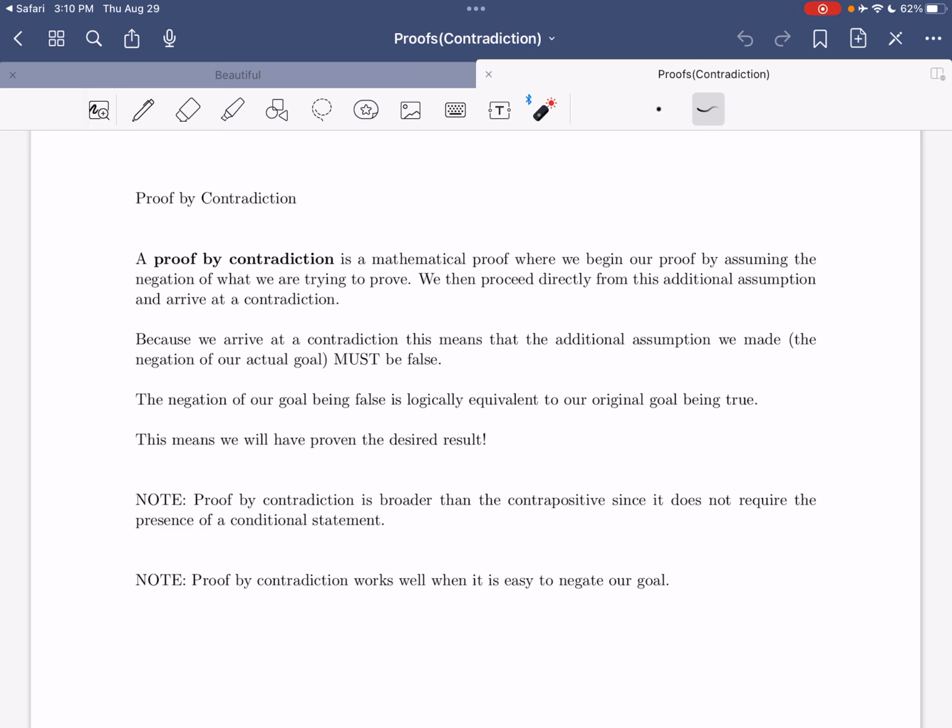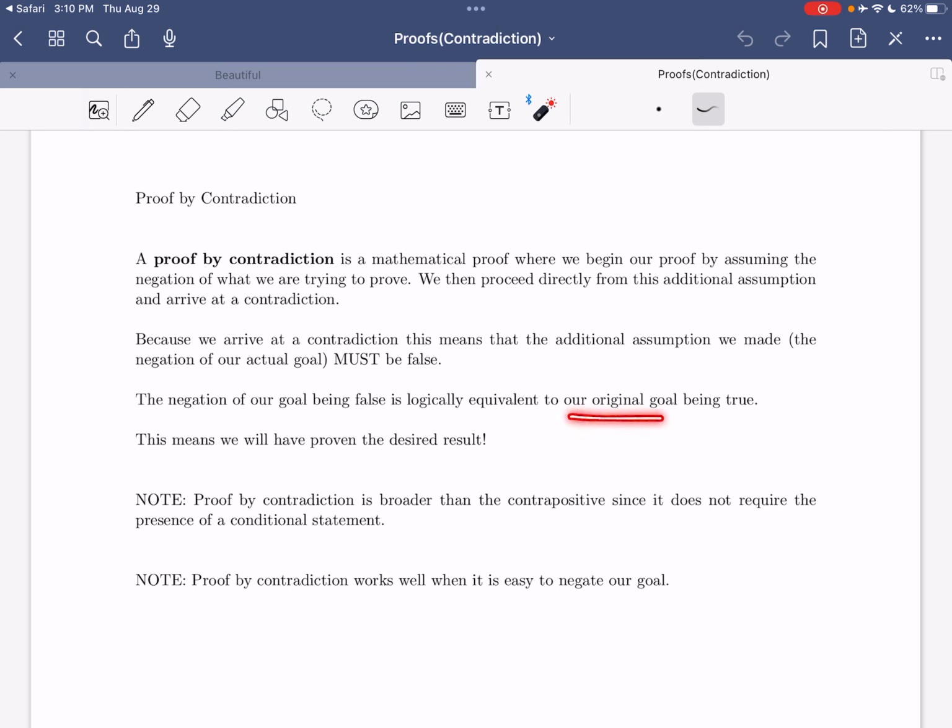So we've taken that additional assumption. That was the negation of our actual goal, and now we know that that must be false because it led us somewhere terrible. The negation of our goal being false, well, that is logically equivalent to our original goal being true, right? If the negation of our goal is false, well, that means that our original goal is true, right? That's the concept of like a double negative there.